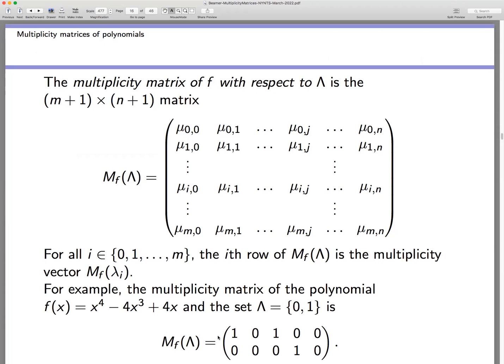So if you look at 0, 0 is a root of f, and it's a root of the second derivative of f, but it's not a root of any of the other derivatives. But 1 is a root of the third derivative only. So, yeah.